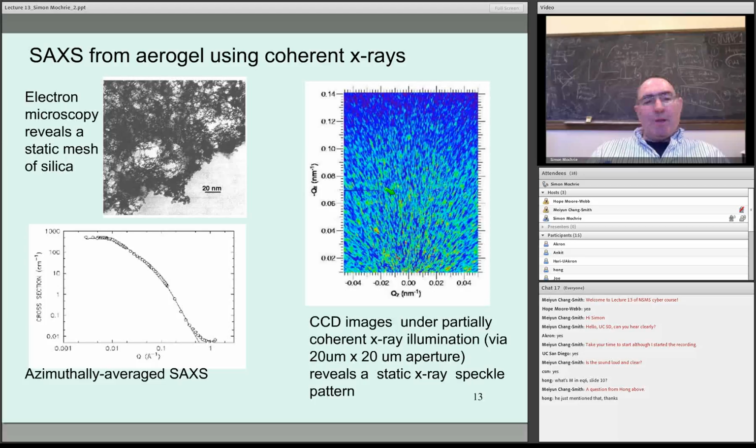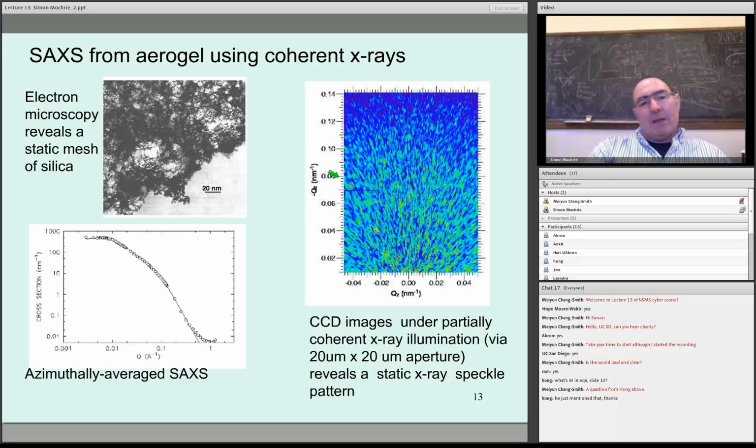The only thing that's important from the point of view of this discussion is that an aerogel is a disordered mesh of silica that scatters X-rays rather strongly.